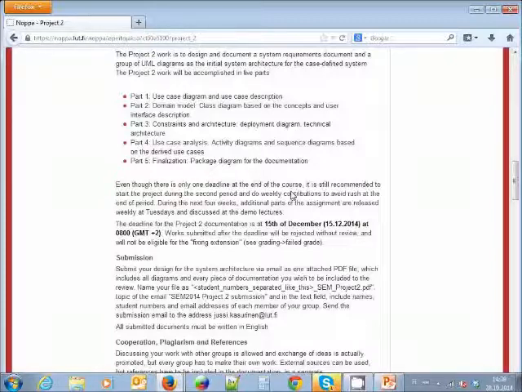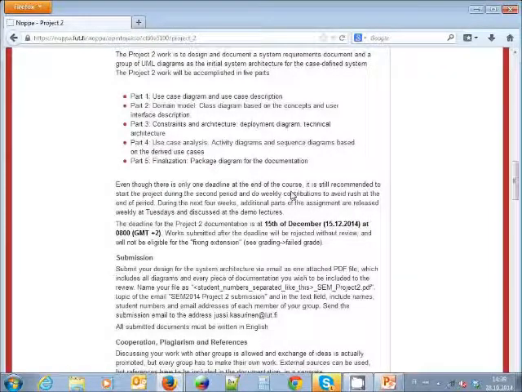Part 3 is architecture, deployment diagram, and technical design decisions. Part 4 is the use case analysis and activity diagrams and sequence diagrams. And finally, part 5 is the finalization and package diagrams.